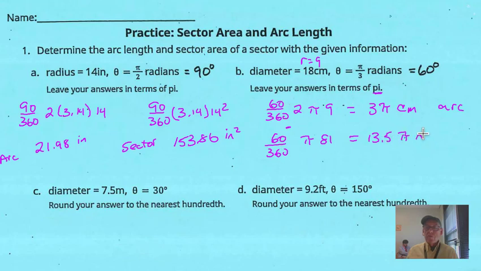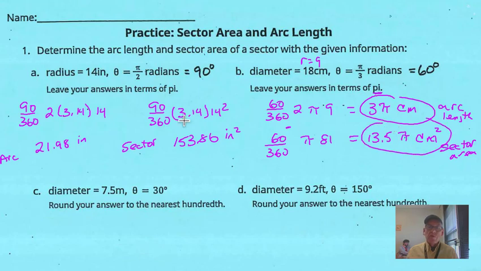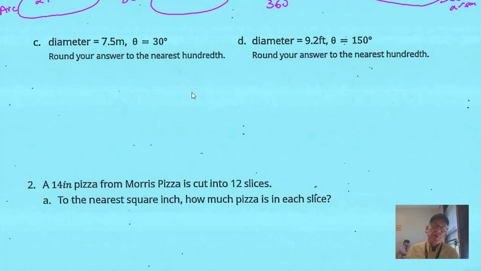And that's going to be centimeters squared for the sector area. So those are our two answers for that one. C and D, same thing.